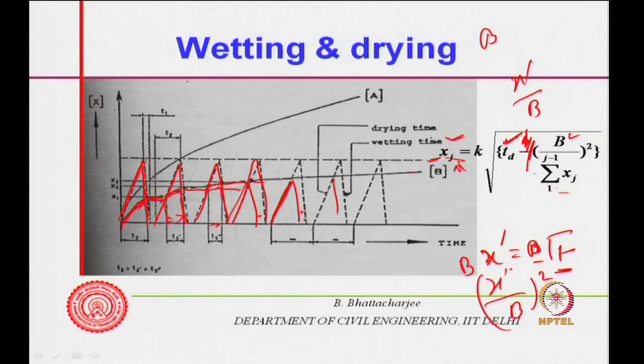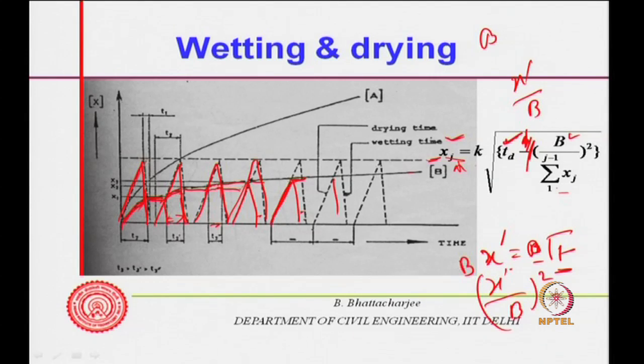So, you can find out this time, and k under root will give you x, because k is the constant of proportionality for carbonation. So, x_j will be k times 1 over this, and in this process, for every cycle you can find out how much is the progress of carbonation.